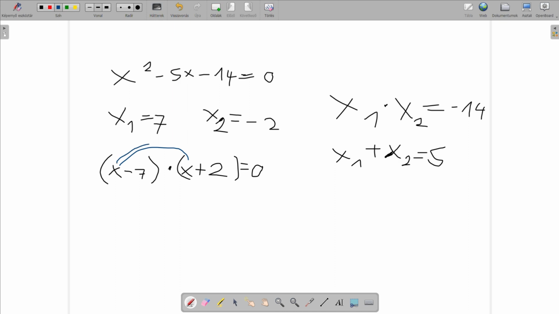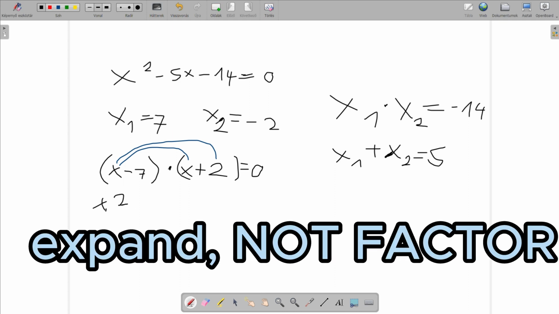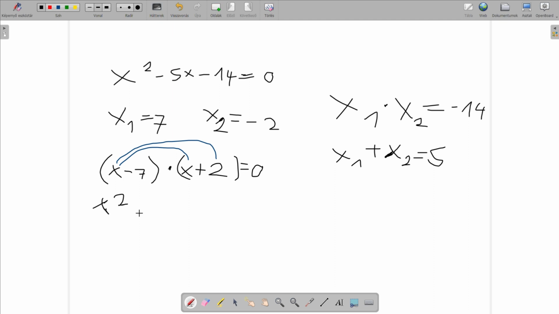Something else that you should also keep in mind, another reason why we do that, is that if you would like to expand this, you would get x squared plus 2x, and then you have this and this, so minus 7x minus 14, which if you add 2x to minus 7x, you would get x squared minus 5x minus 14.